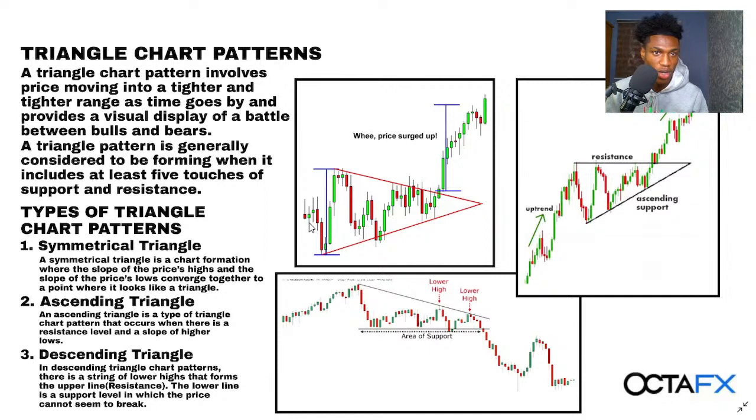And the last type of triangle chart pattern is the descending triangle, which includes a string of lower highs that forms the upper line, which can also be called the resistance, and the lower line, which is the support level where the price cannot seem to break.